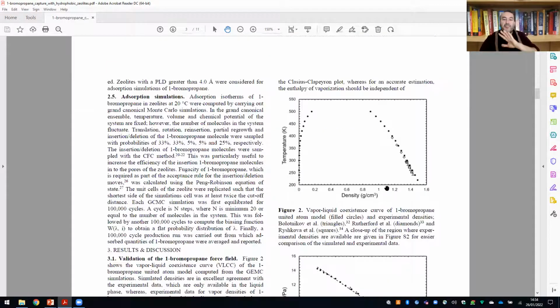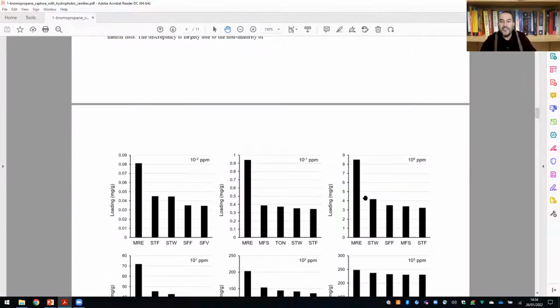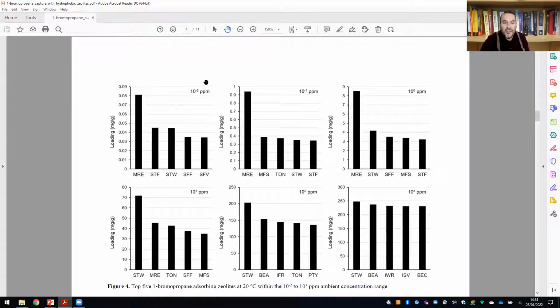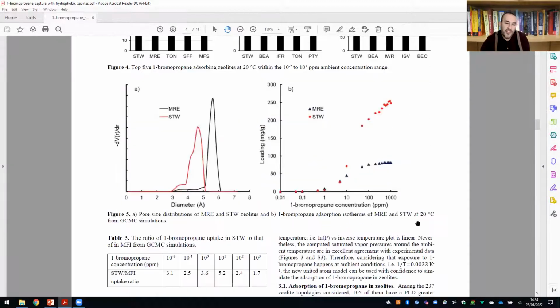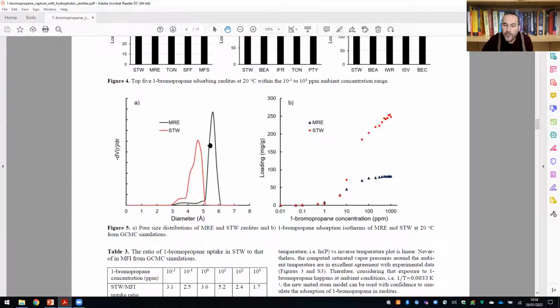So we did that, and we screened more than 200 zeolite structures at different concentrations of 1-bromopropane in air, and then we found the most promising zeolites that can be used to capture 1-bromopropane from air. I don't know if any of you deal with zeolites, but again, these are porous materials.